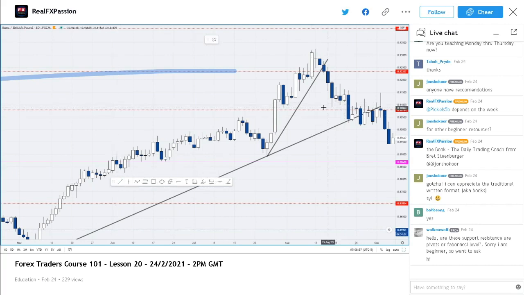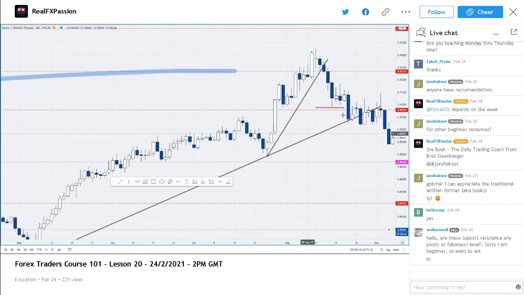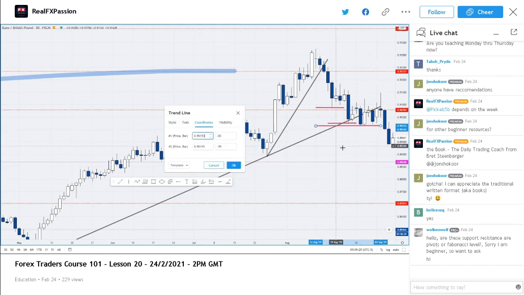Let's change colors, let's make it pink. So this is a low, this is a low up in here, and we have another low down here.